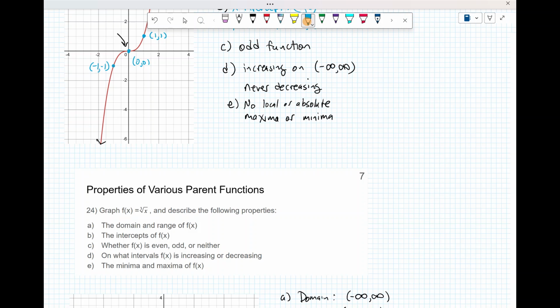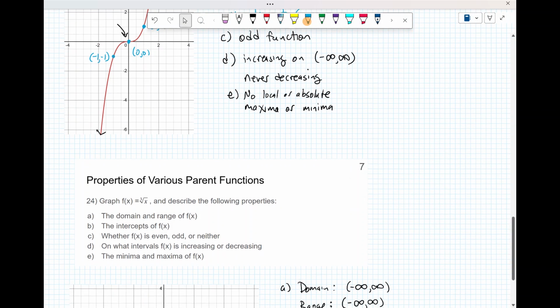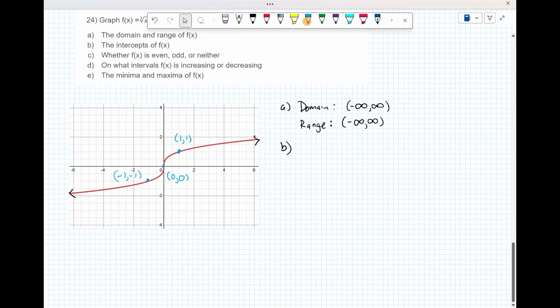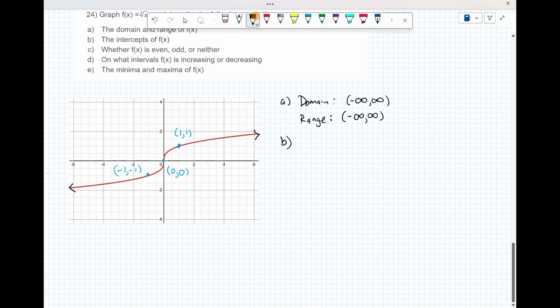So I made a small error. Hopefully you realize I got it wrong. It happens sometimes. All right. So my x-intercept is at 0, 0. My y-intercept is at 0, 0 as well.